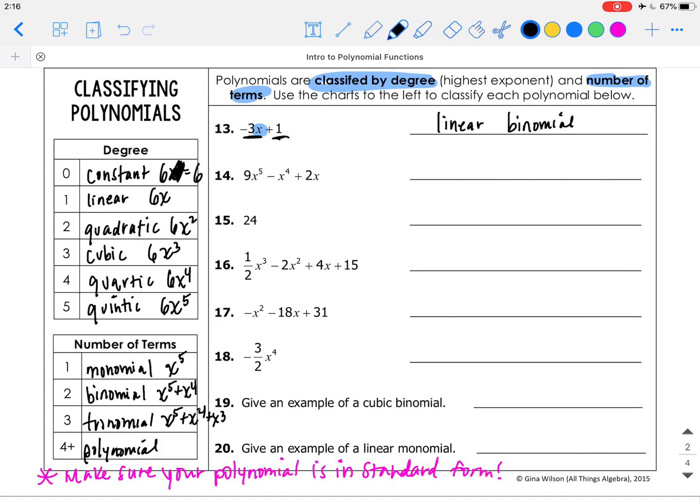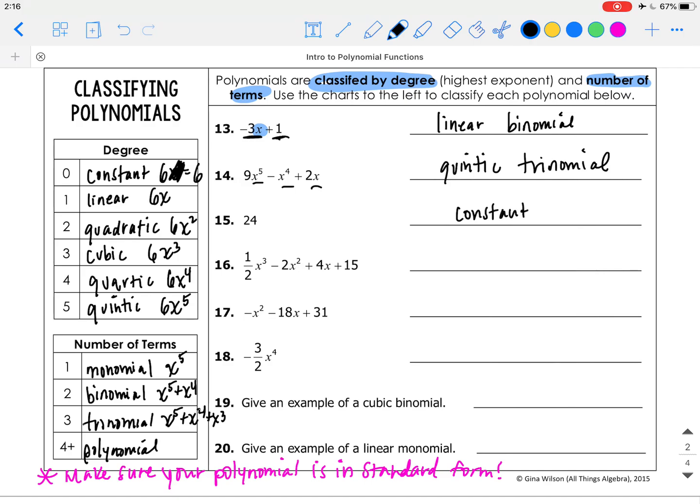So let's look at 14. We have 5, 4, 5, 4, 1. Good. It's in order. So if we have x to the fifth, that will be quintic. And we have 3 terms, so this will be a trinomial. Let's see, 15, we just have a constant, right, because there's no variable.